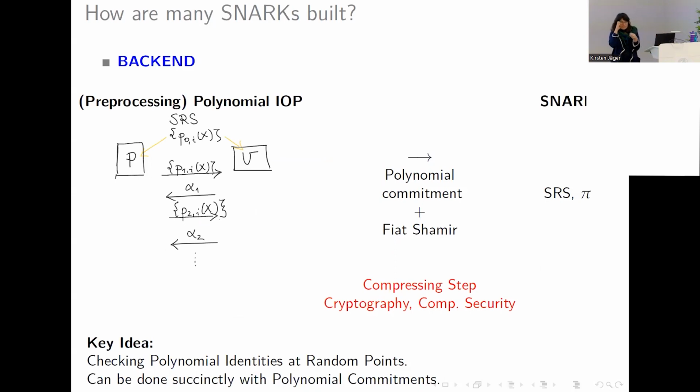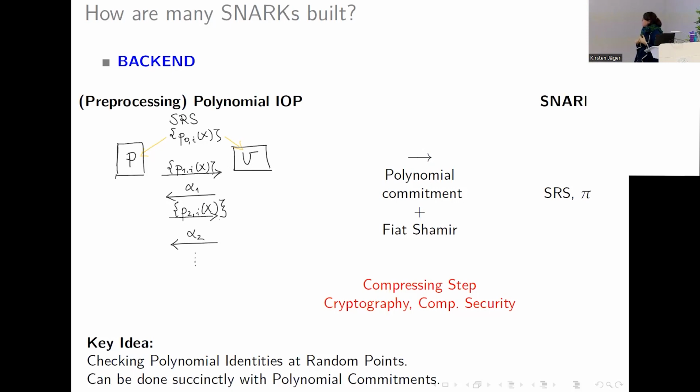This is what gives us this succinctness property. We have a super large polynomial. We want to prove, for instance, if these two polynomials are equal, but we don't check if they are equal, we check if the evaluation at a random point is equal. And what we need is to make sure that the way we commit polynomials allows the prover later to show that the evaluation at a certain point takes a certain value.